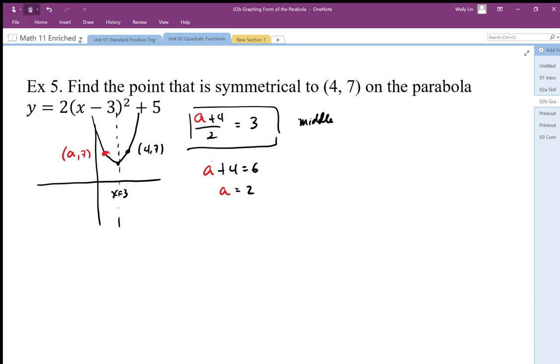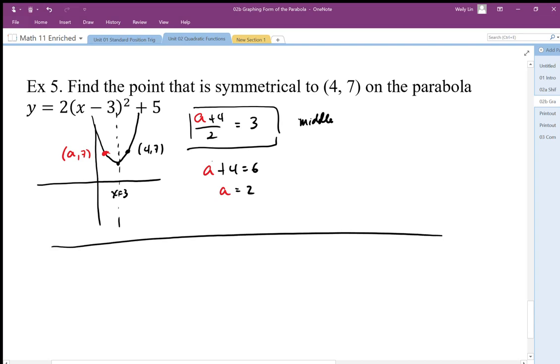The other way that this could have been done, so this is now a separate method, is to solve this algebraically, because we always can plug this coordinate back into our equation. Now, we don't want to plug 4 and 7 in.